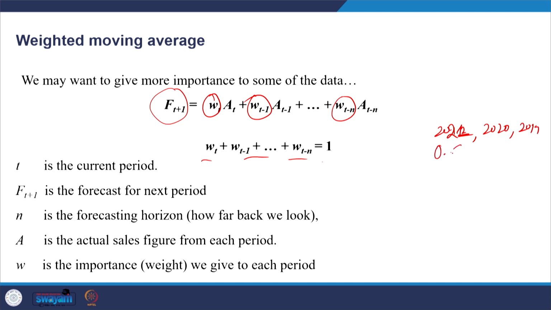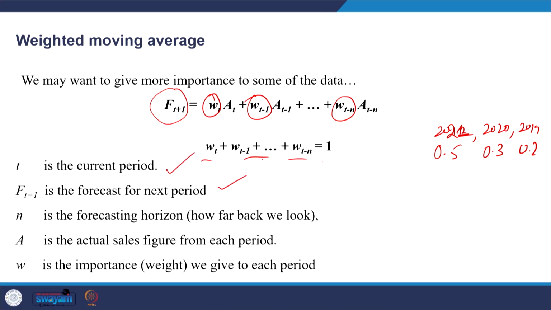I will give 0.5, 0.3, and 0.2 weightage. Now, how will you decide on the weightage? That is an expert's opinion, your experience and knowledge of the market will help you. T is the current period, F is the forecasted period, N is the forecasting horizon, A is the actual sales, and W is the importance given to each period.